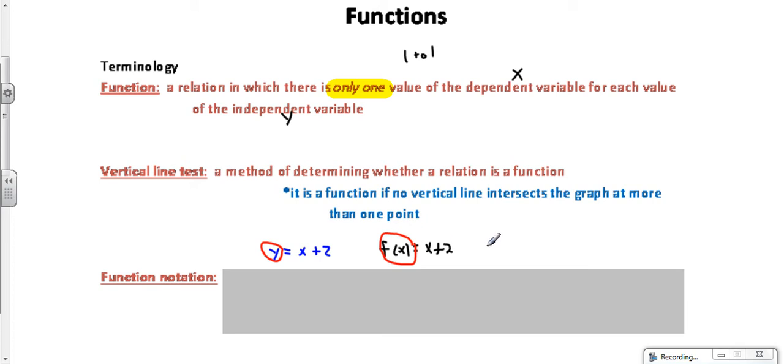So I could actually give you another one, and I would say g of x equals 3x plus 2. Now this is another function, another equation, but I can say to the reader, okay, I want you to work with the function g of x, or I want you to work with the function f of x.